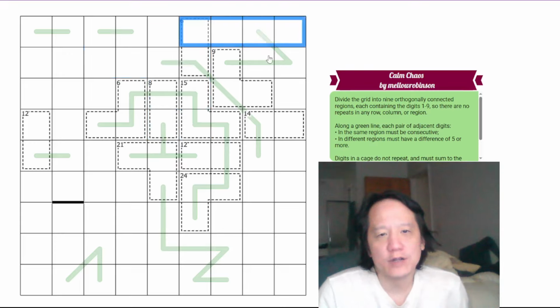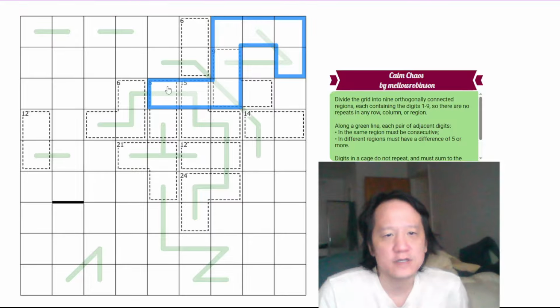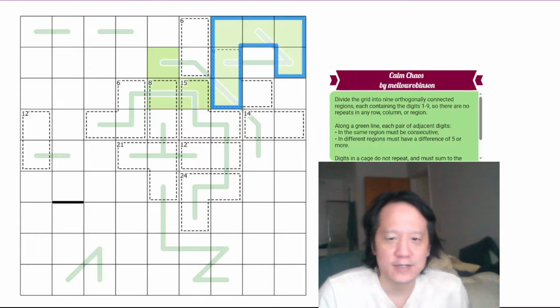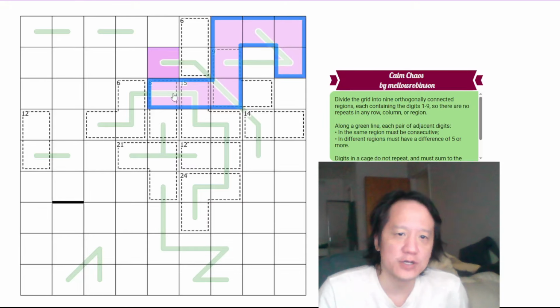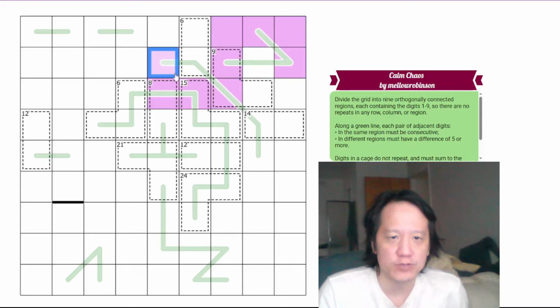And what an orthogonally connected region is, for example, this is a valid orthogonally connected region. Green's not a good choice here, but anyways, let's make it pink. Okay, so that's a little clearer. What it means to be orthogonally connected is you can go from any cell in the region to any other cell in the region just by going through edges, all while staying within the region. So this is a valid region.